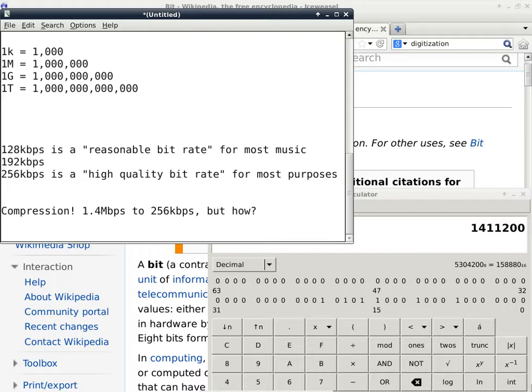Now, when it's compressing, what it's really doing is analyzing the waveform, and then it is trying to use a different representation to represent the sound that you are actually recording. What we are hearing, let's say we're hearing music from an orchestra, what you're really hearing is a combination of a lot of different frequencies overlapped.